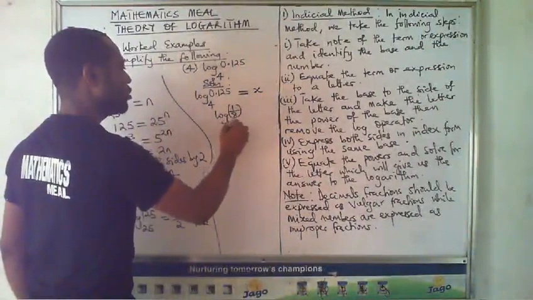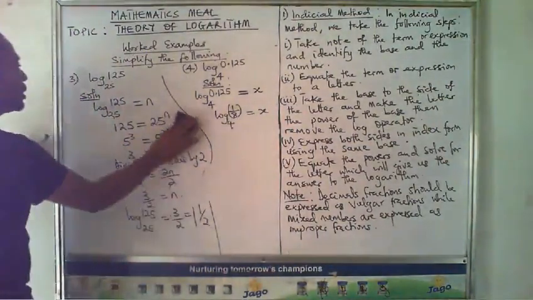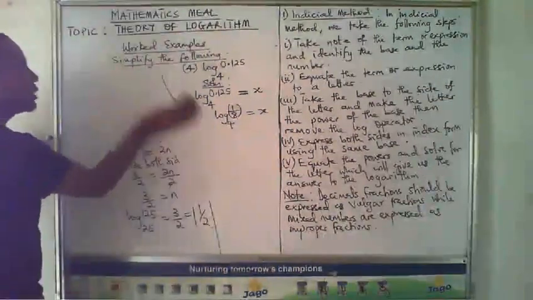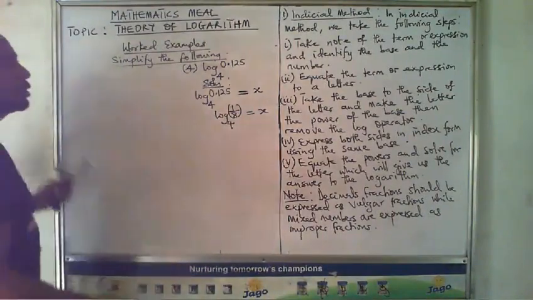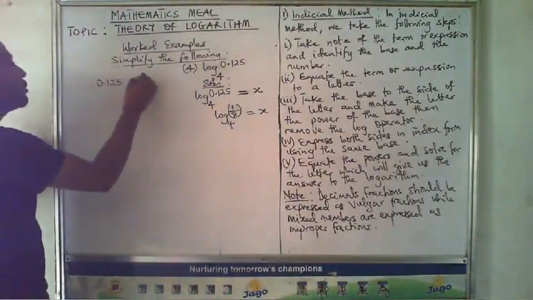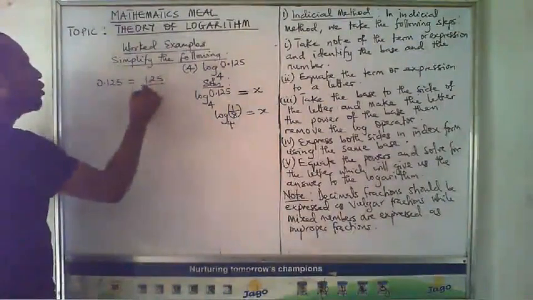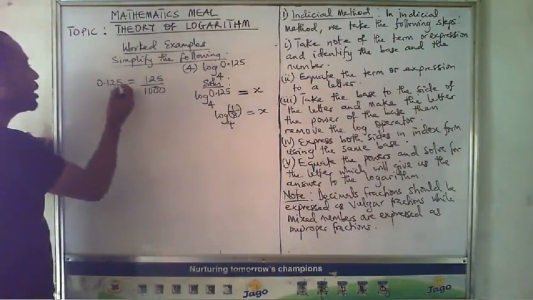Before you shout, I'm going to explain 1 over 8. Let me clean that and use it to explain this. 0.125 is the same as 125 over 1000, because each decimal place stands for a 10.